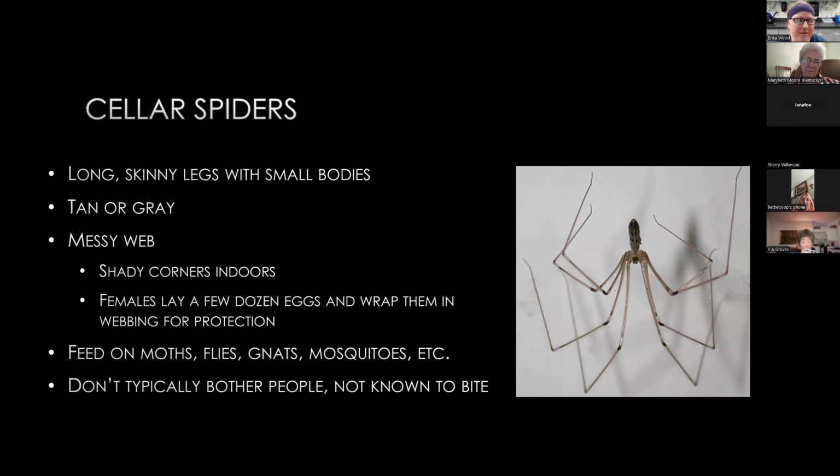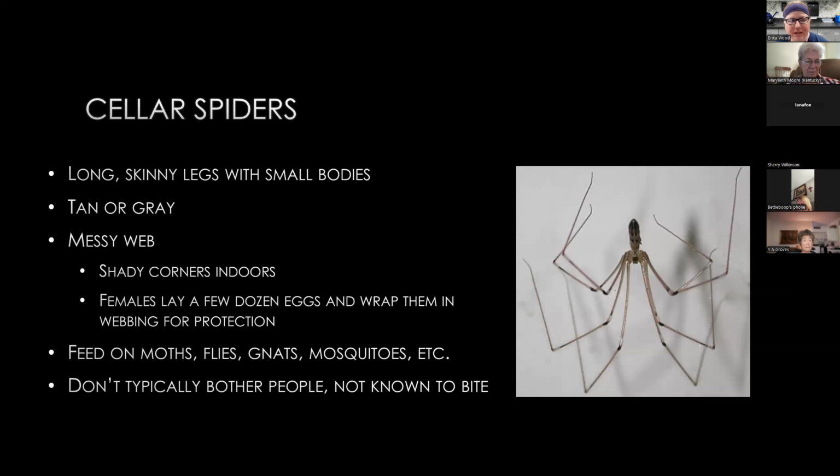And oftentimes we call them daddy long legs when really they're not the actual true daddy long leg that we see, say, in the woods. But a lot of people will give them that nickname, if you will. It is called a cellar spider. They have very long, skinny legs and very small bodies. A lot of times their coloration is tan or more of a gray color.